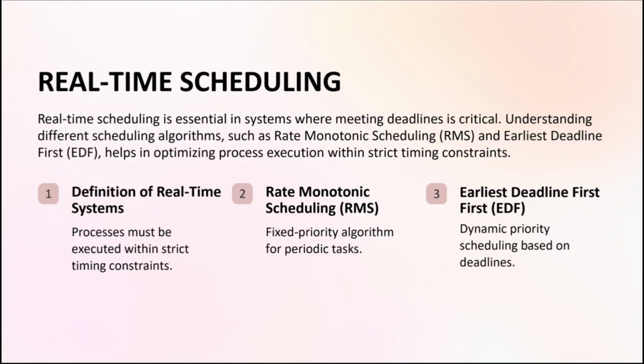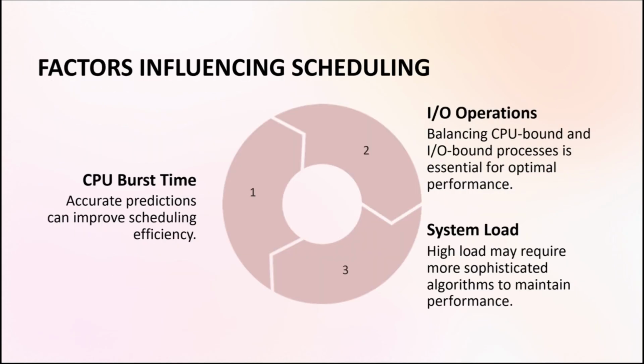Then we also have, addressing scheduling, the CPU burst time, the IO operation, and the system load. The CPU burst time is an accurate prediction that can improve scheduling efficiency.